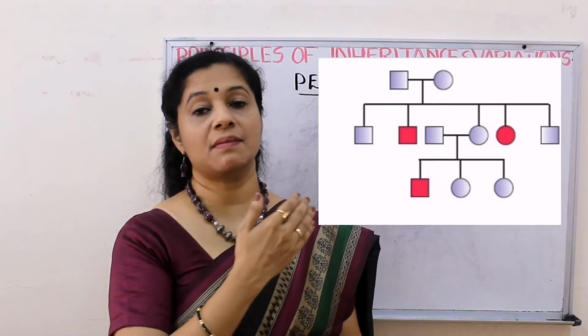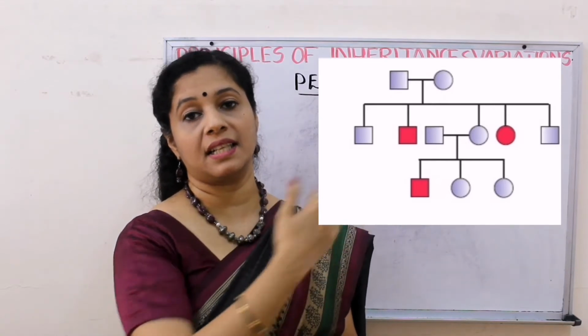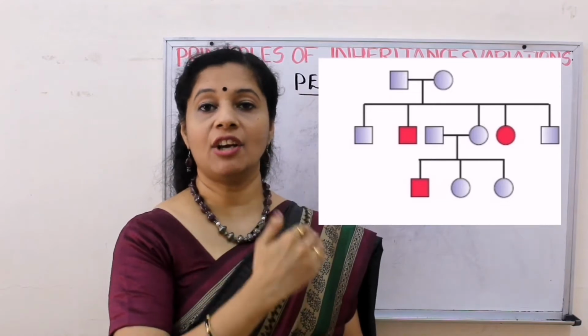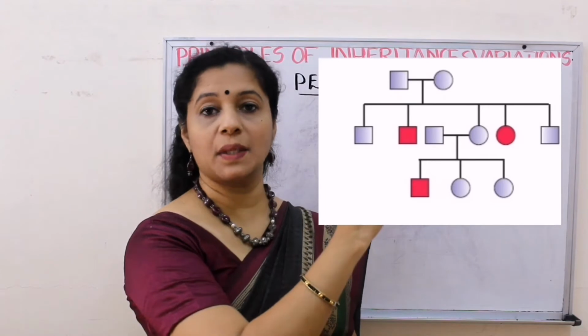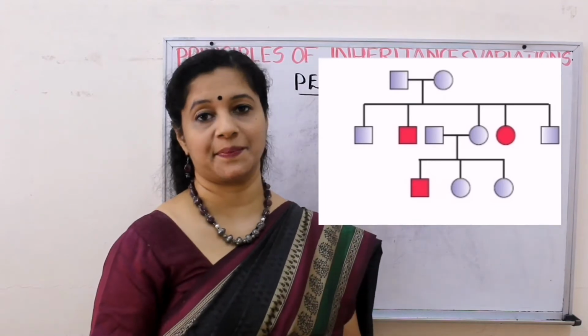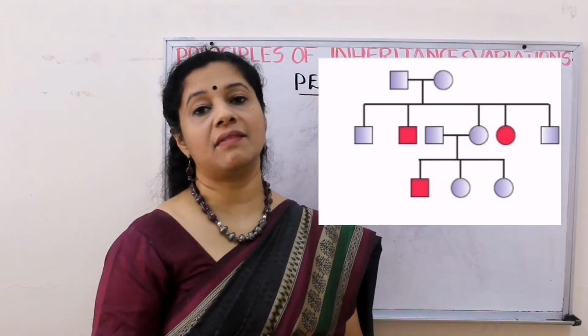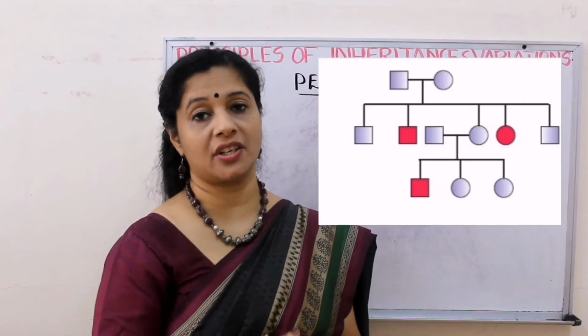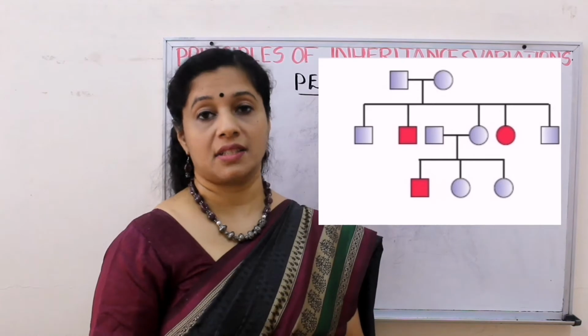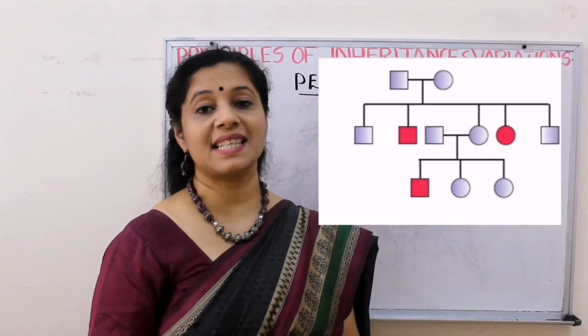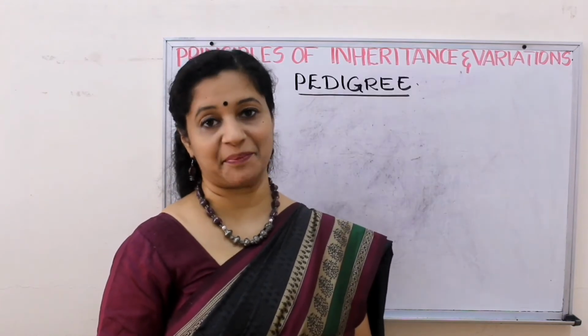And the siblings will be from left to right in the order. And if any of them get married, the same person will be connected with a line to the spouse. Then from that a vertical line will be drawn to show the third generation or the second siblings line, which indicates the grandchildren. Okay, so this is how we are representing pedigree.